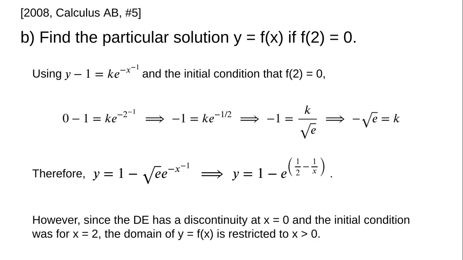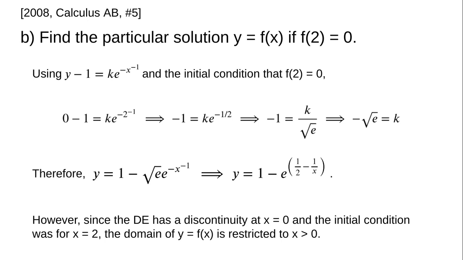All right. Now, since the differential equation has a discontinuity at x equals 0, and the initial condition was for x equals 2, so that is now the right-hand side of 0, the domain of our particular solution y equals f of x is restricted to x greater than 0. Why?